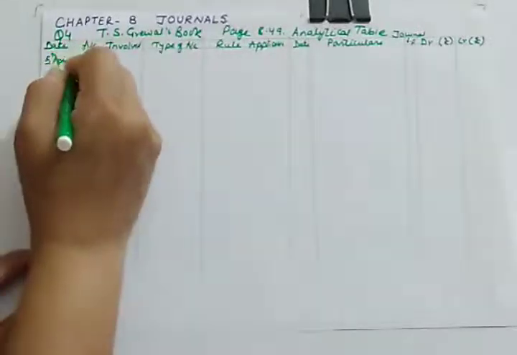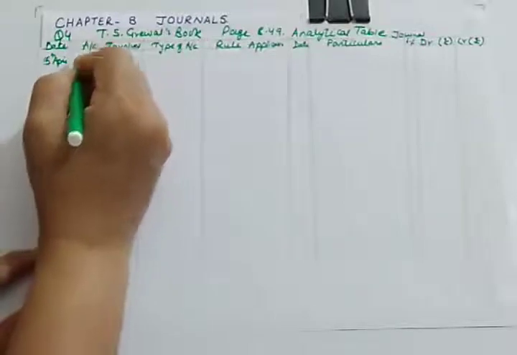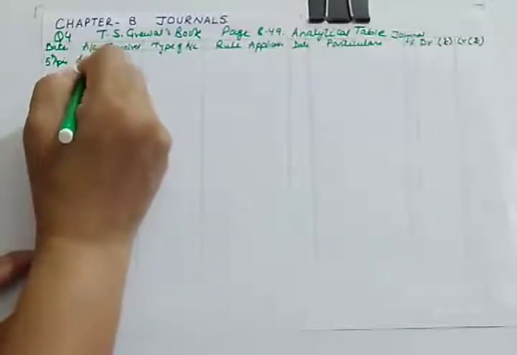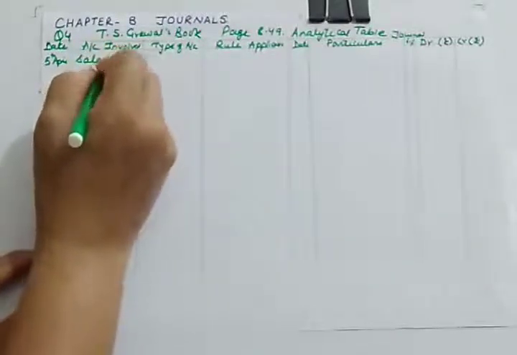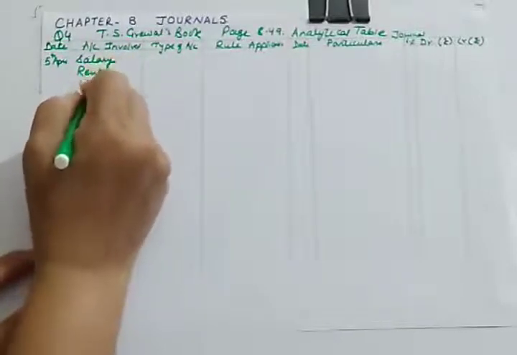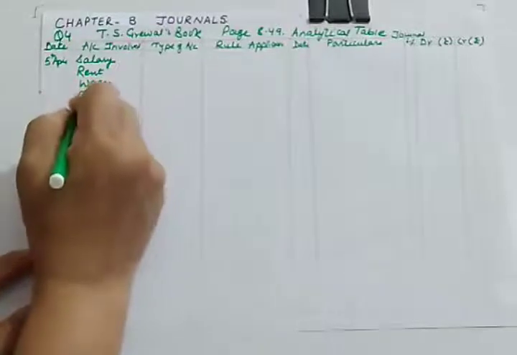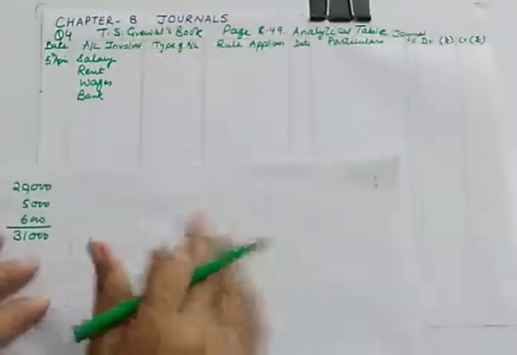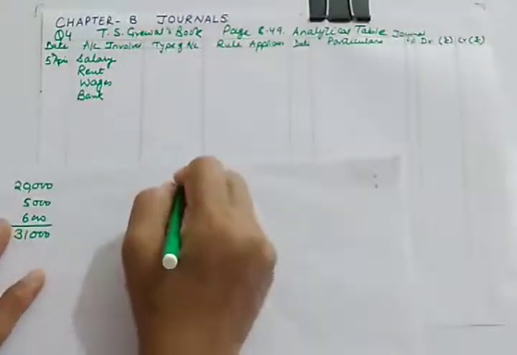April 5, or you can write 5/4 also, that is also correct. So accounts involved are salary and rent, wages and bank also. And let me remind you the rules also, so that you will be able to connect the rules.